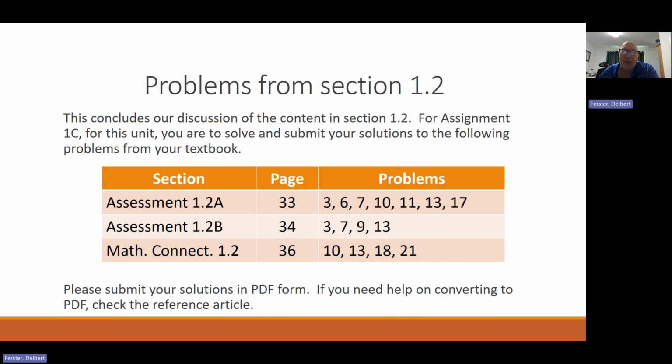Congrats, you've survived all the way to the end of Unit 1's PowerPoint, where you are invited to begin work on your assignment 1C. Again, problems from the book, a few more this time. This section does have a math connection. You'll find ways for us to introduce the concepts and tie them into a broader math sense.